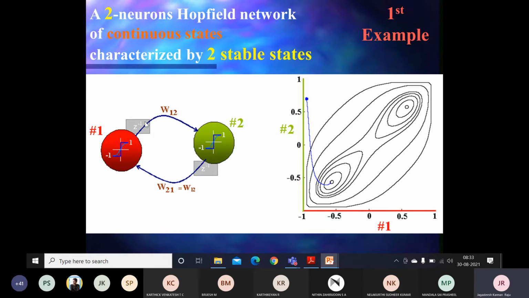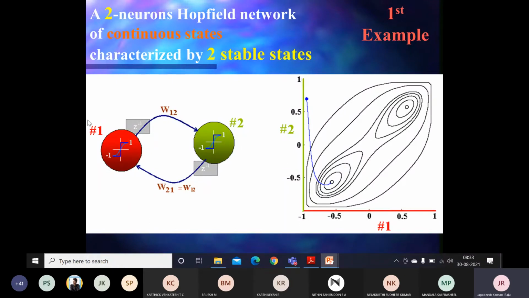The weight from the first neuron to the second neuron is W12, and from the second neuron to the first neuron it is W21. Both are the same, W12 equal to W21. And Z is considered as the net input for this particular node.